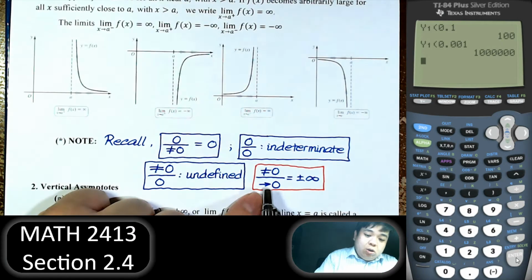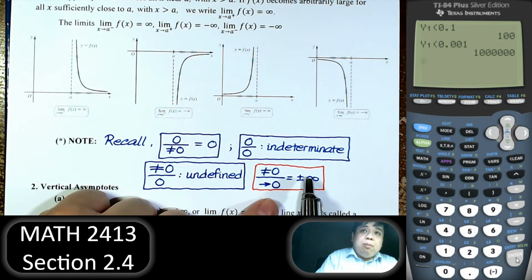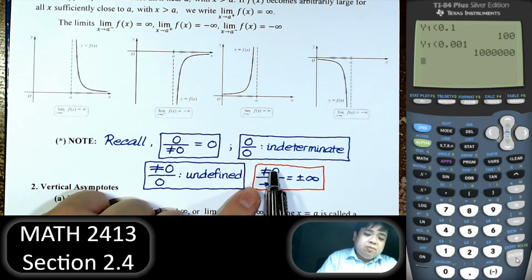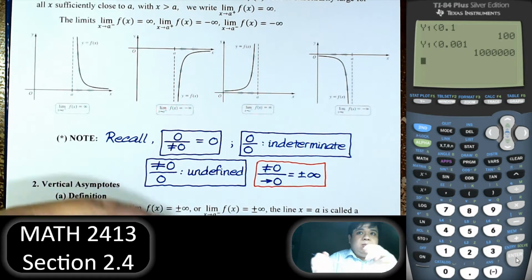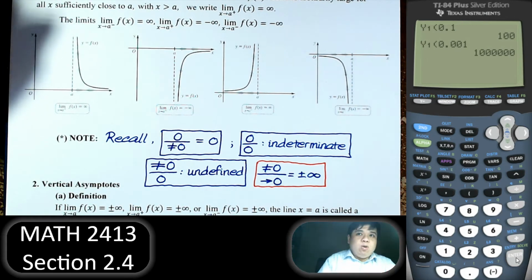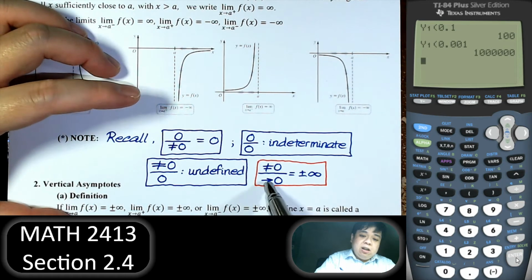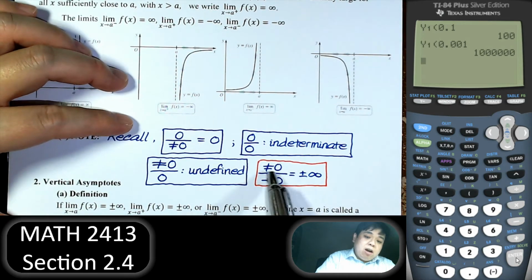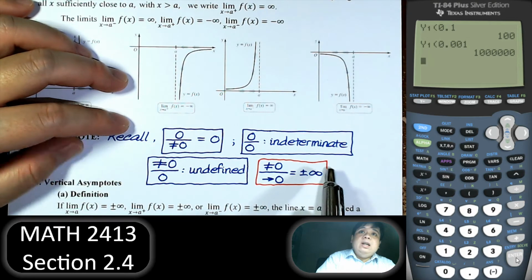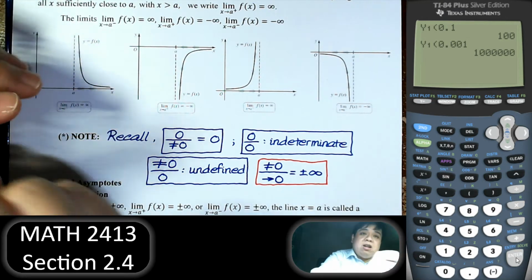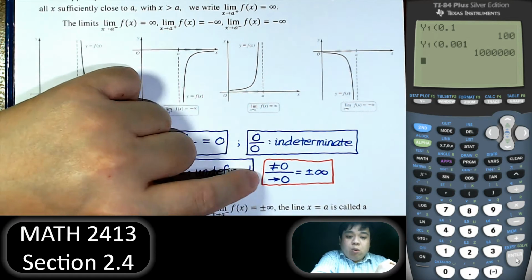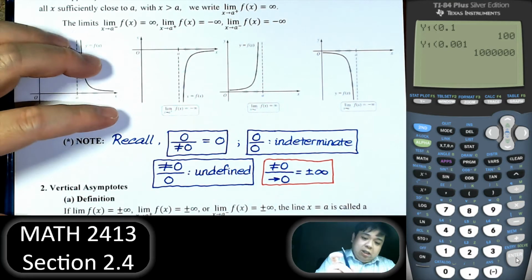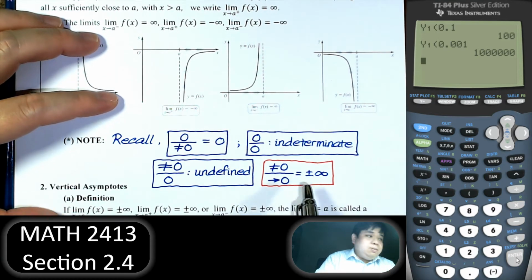Essentially, if the denominator goes to 0, the quotient could go to either positive or negative infinity, depending on the sign on the top as well. Positive divided by positive is positive; if they have the same sign, it is positive; if they have opposite signs, negative. But if the top is not 0 and the bottom goes to 0, then that will be plus or minus infinity. Mathematically, that's what we're going to use in this section. The infinite limit involves this case.